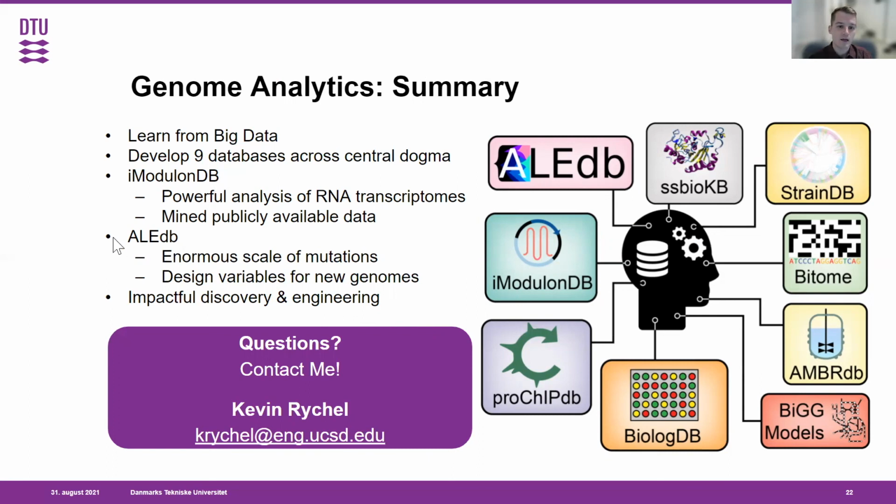Then we also discussed ALEdb, which has an enormous scale of mutations observed in evolutionary experiments. We really hope that genome analytics can have some impact on scientific discovery by sharing all of this information and by mining these databases ourselves for important knowledge. And we also hope that this data can be used to engineer better strains to ultimately forward the goals of the CFB and just improve our lives in general.